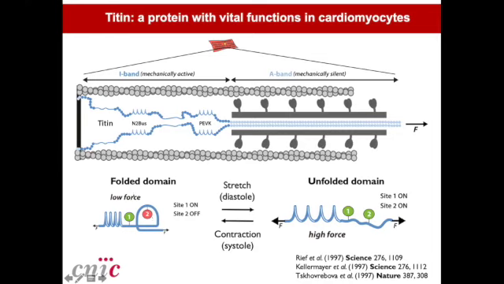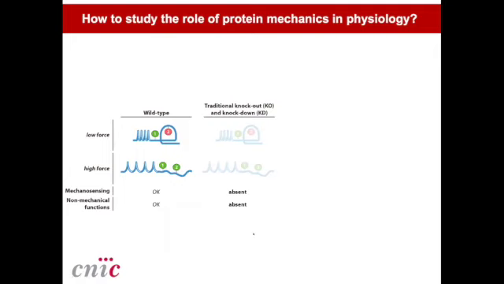For example, at low forces, the cryptic site is buried in the structure, and so the site is off. But during the stretch of the protein, we have unfolding, so conformational changes, and the high force induces the exposure of the cryptic site, which becomes active.